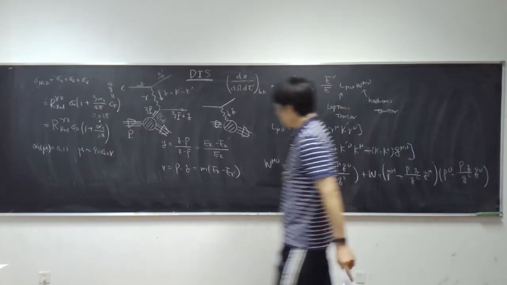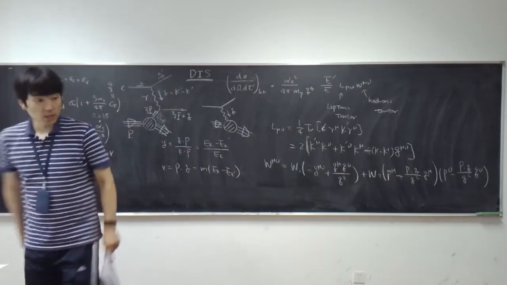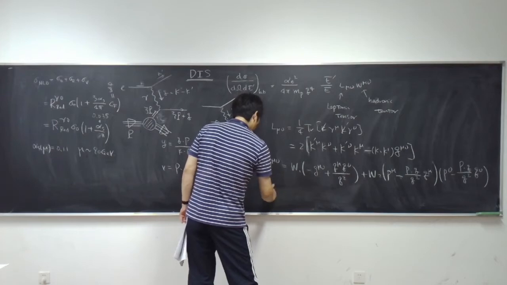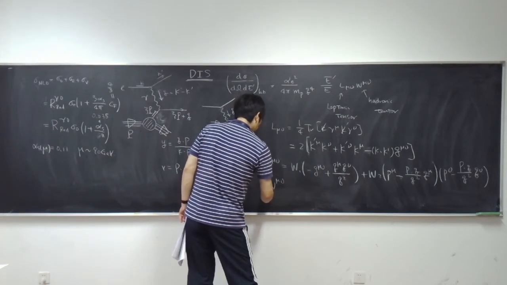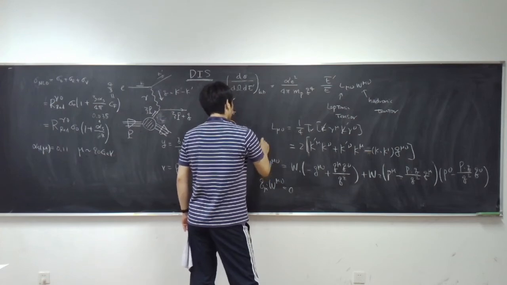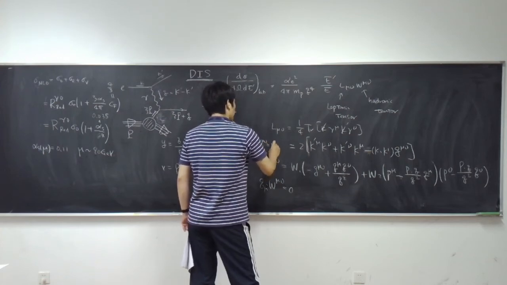The hadronic tensor contracted with Q, by the Ward identity, is 0, and also W mu nu should be symmetric.